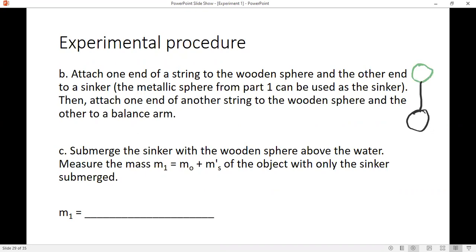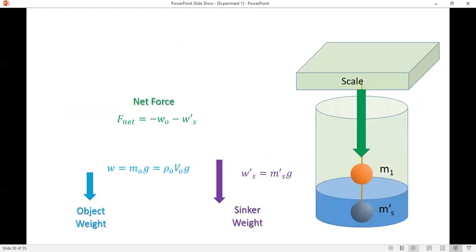So when I calculate the effective mass, it's actually going to be the weight of the sinker and the wooden sphere minus any buoyant forces. Okay, so let's look and see why this is more complicated than we think.